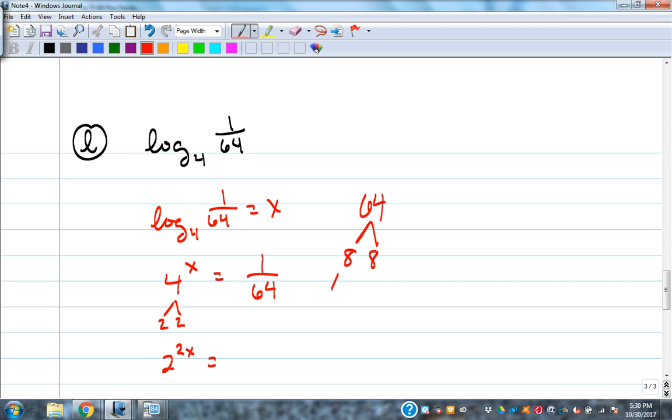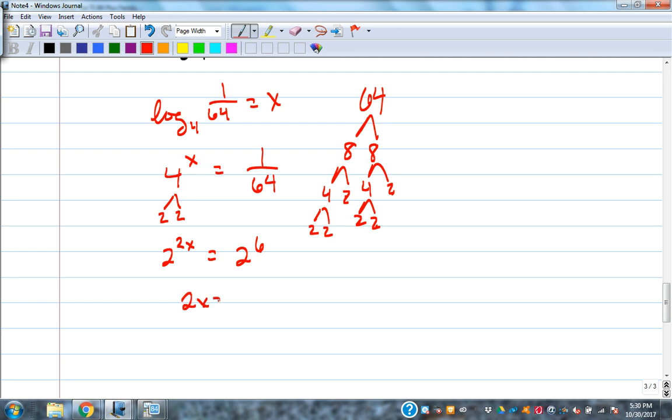It's 8 and 8. 8 is 4 and 2, 2 and 2, and this 8 does the same thing. 1, 2, 3, 4, 5, 6. And then my equation is 2 to the 2x equals 2 to the 6, so 2x equals 6, so x is equal to 3. Right? But it's not that. It's actually negative 3 because it was a fraction. You just change the sign.